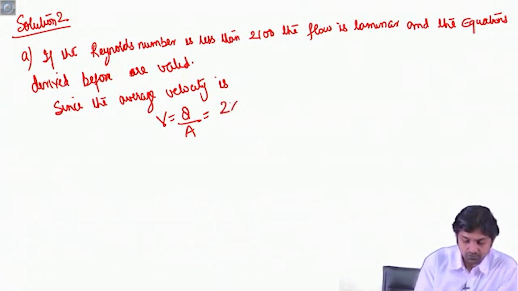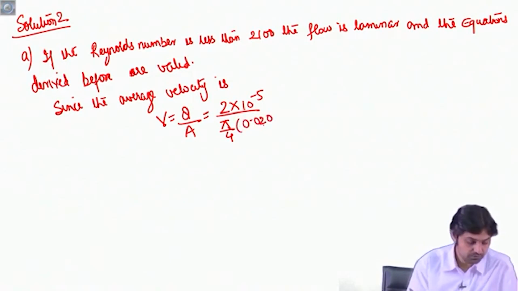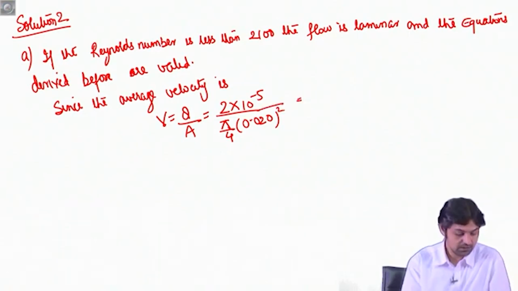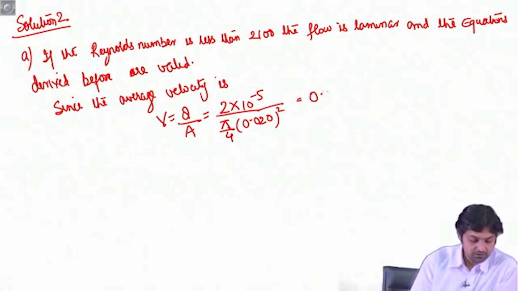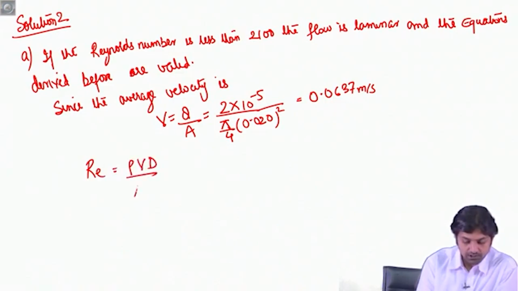So Q is 2 into 10 to the power minus 5 and area is pi by 4 into 0.02 whole square, and this comes to be 0.0637 meters per second. And how do we write the Reynolds number? Rho V d by mu, and on putting this you will get Reynolds number.